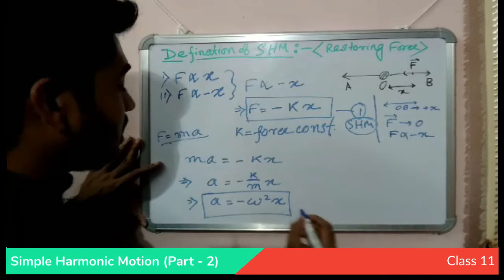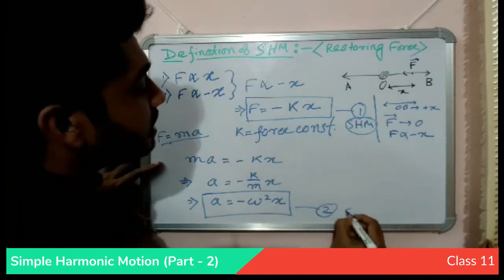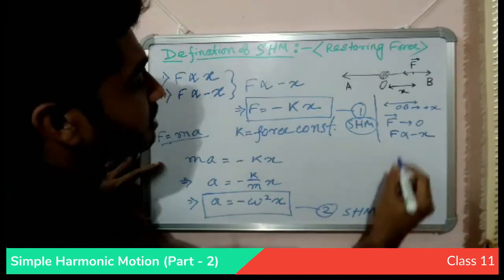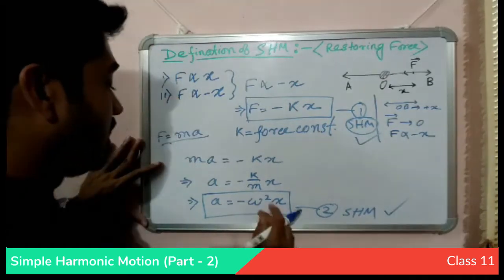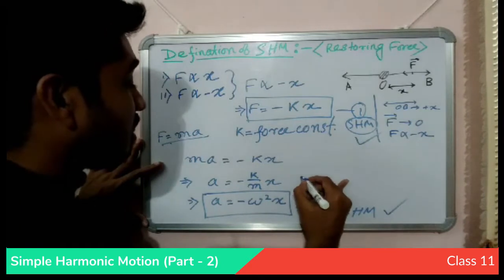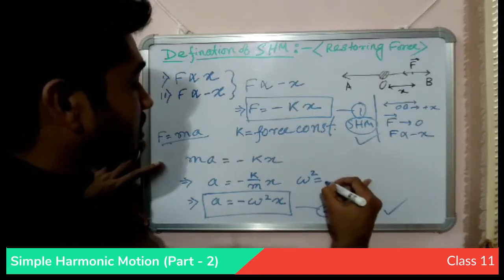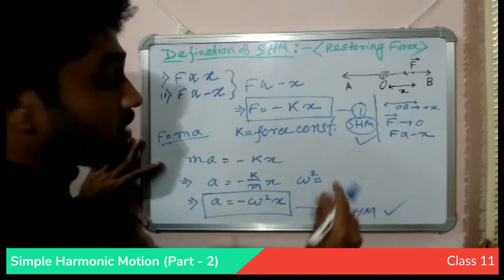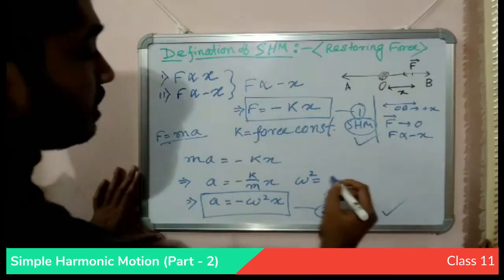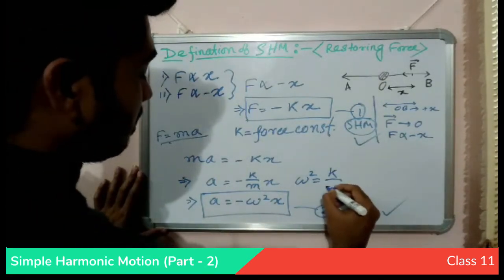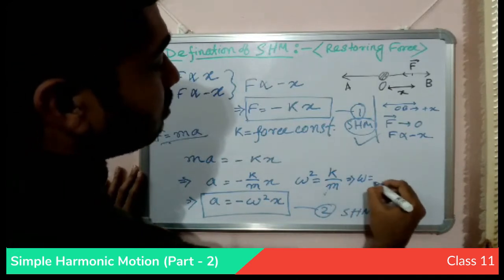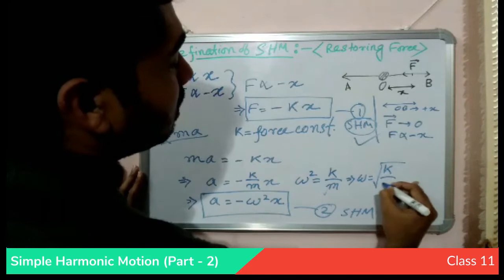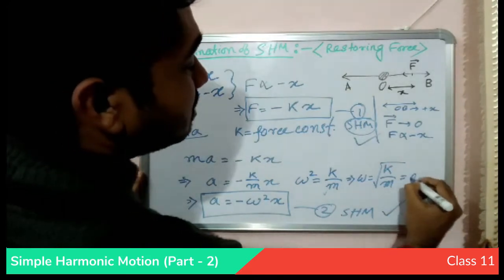This is another equation of SHM. This is equation 2, where omega square is equal to k by m, and omega is equal to root under k by m. This is a constant.